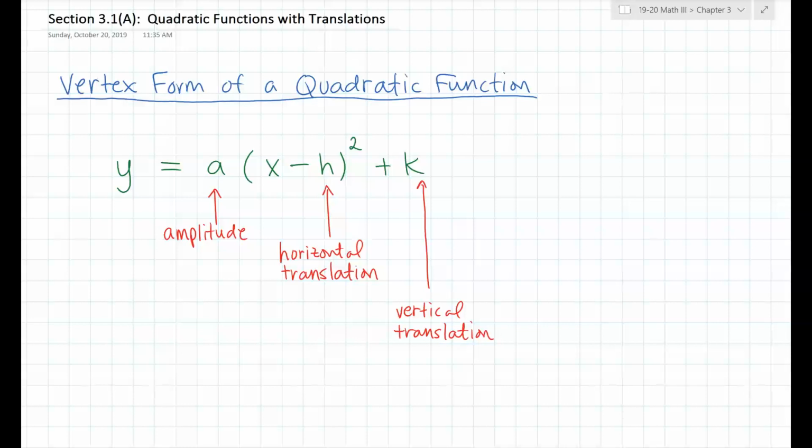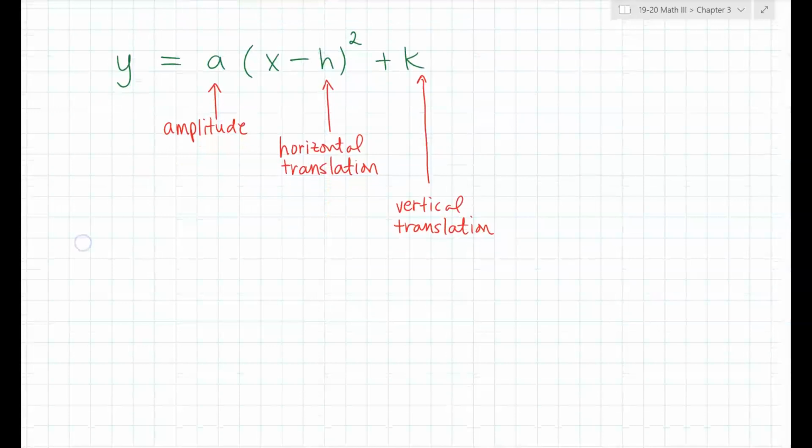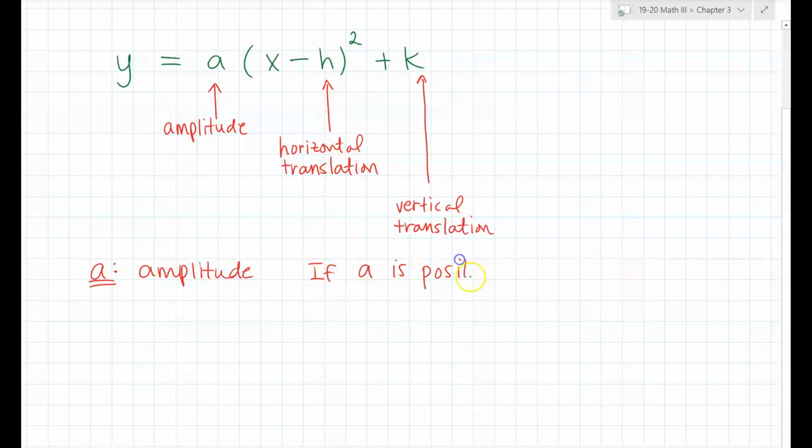So if I could just give you a quick reminder, the letter A, this is our amplitude. And if A is positive, then the parabola opens up.